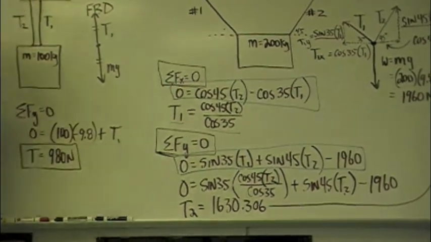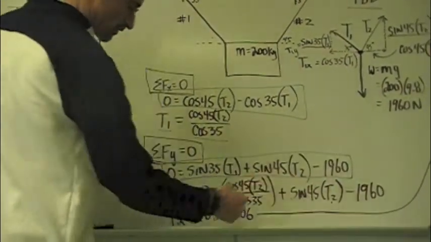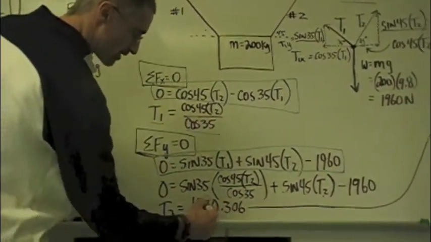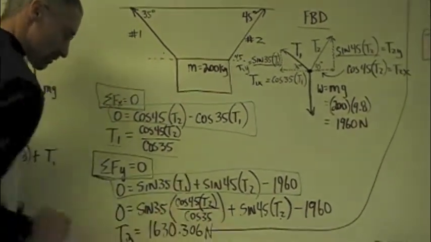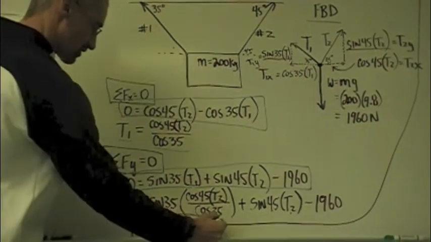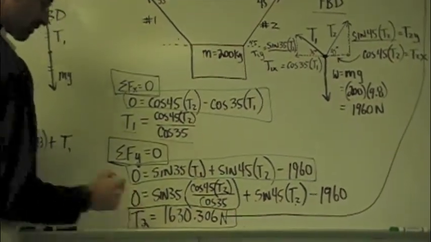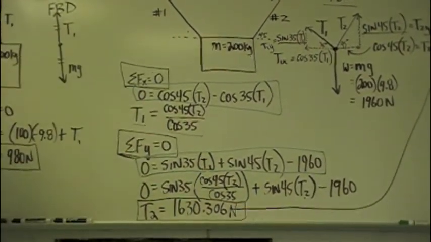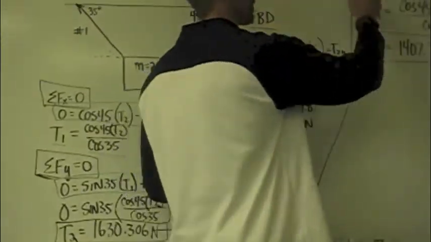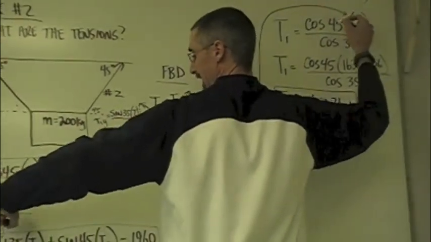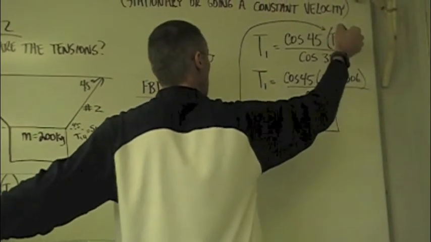Okay. Now what I did is I did all the math for you, and we come up with T2 equals 1630.306 newtons. Okay. That's our tension in string 2. And then I'm going to use that, bring it up here, and substitute it back into this equation for T2.